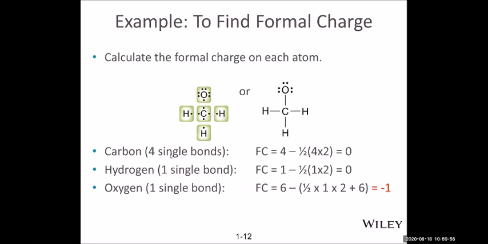And if you look at the hydrogen, it has 1 valence electron, which is the group number, minus the 2 electrons that are shared with carbon. Those 2 electrons, in 1 bond, divided by 2 give us 1.